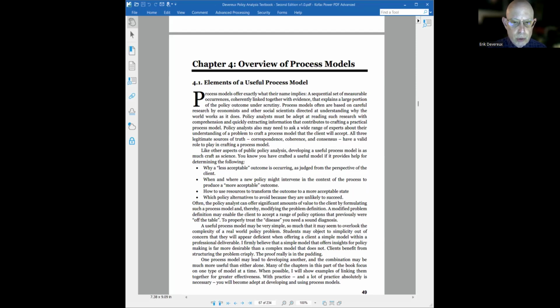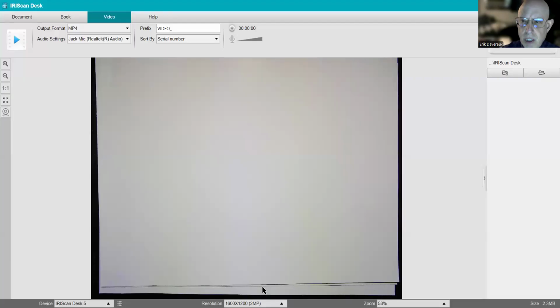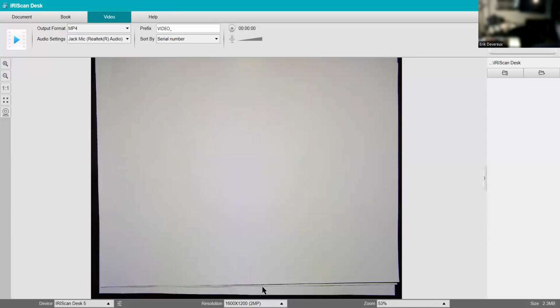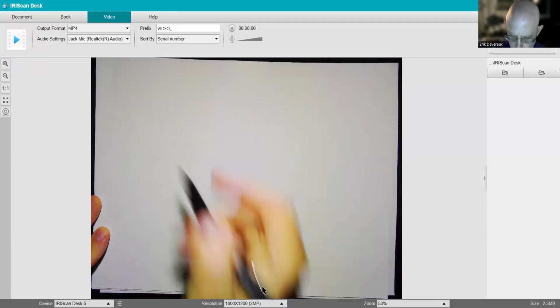So I'm going to switch to a different share, and I'm going to share this device that allows me to draw for you, okay? And I'm going to start drawing some diagrams that reflect content that's in the book. Let me find where I put my pens down. There they are. Here we go. All right. So first off, we're talking about creating process models.